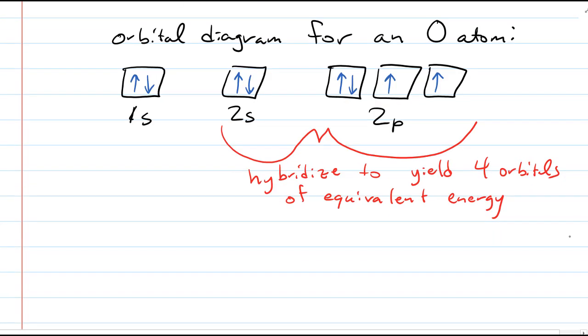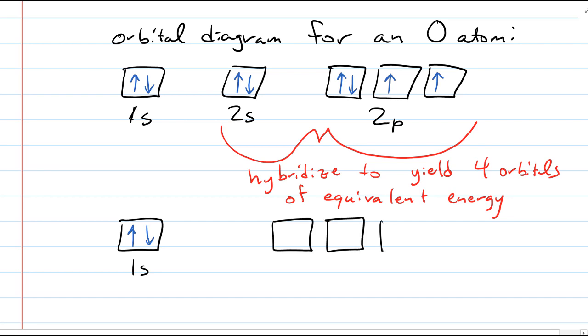And if we hybridize them together, the net result winds up looking something like this. We still have our 1s subshell, just like we've drawn before. But now we have 4 orbitals of equivalent energy, which we'll go ahead and label like this: 1, 2, 3, 4.